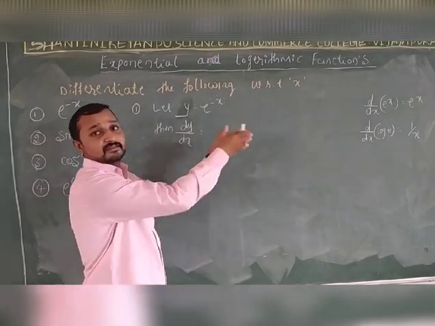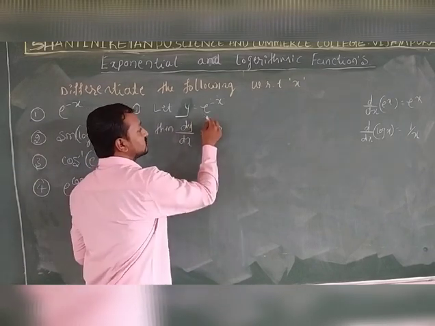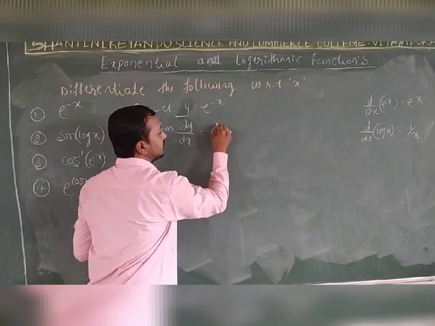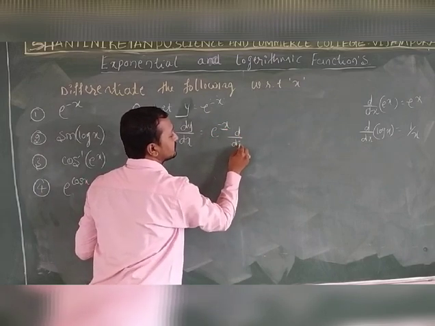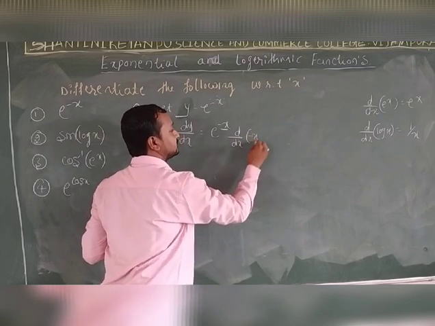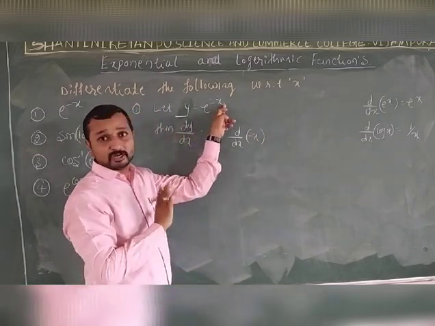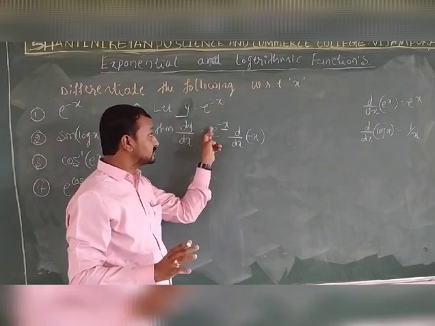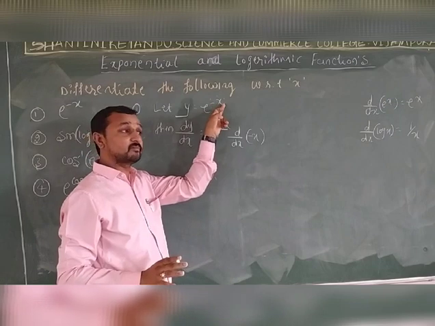Then apply the composition rule. The derivative of e raised to x is e raised to x as it is, multiplied by d by dx of the inner function. E raised to positive x is not a problem, but here it is minus x.